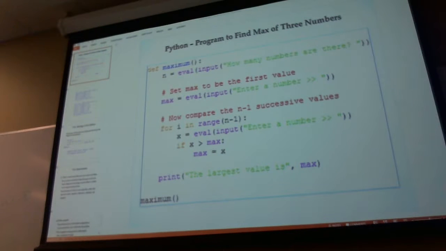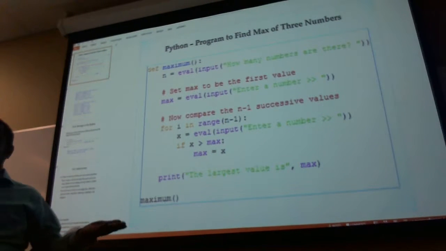The user enters x1, let's say 10, x2 is 6, x3 is 1. Then we compare all the user input, take the biggest number, which is 10, and print the biggest number, 10. Right?